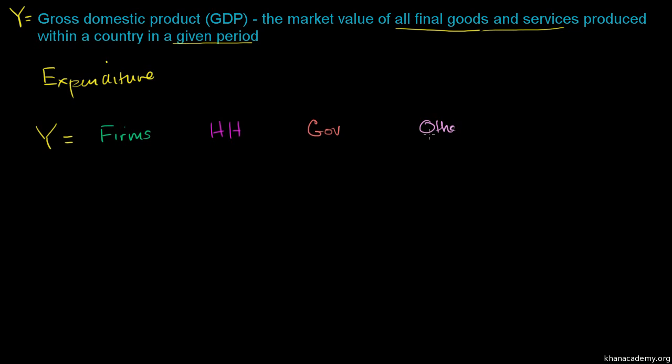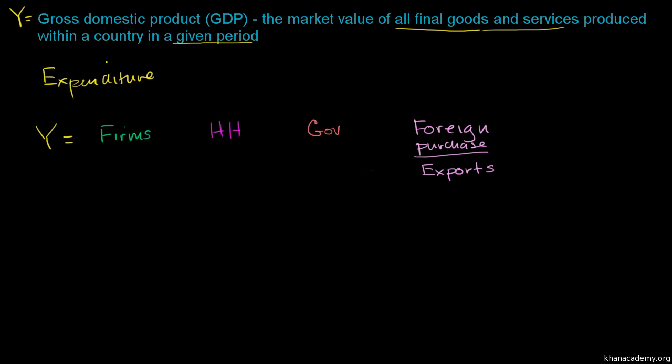Let's just write foreign. People outside of the country might have spent money on goods and services. So foreign purchases. And another way to think about this would be exports. Our country is exporting it to people outside of the country, and they are purchasing it.